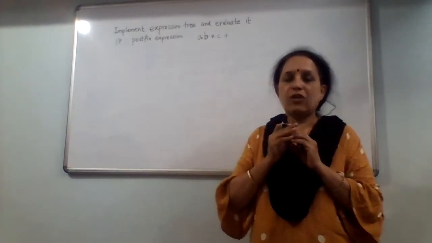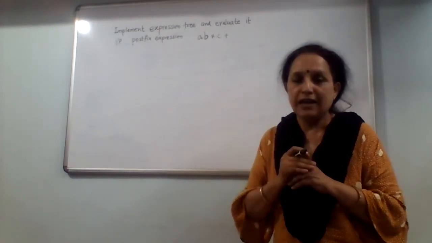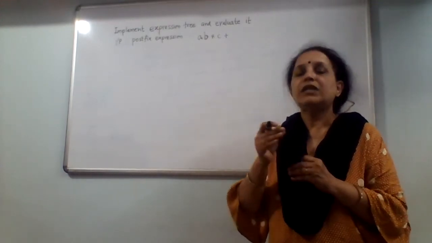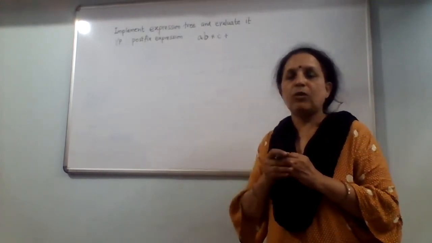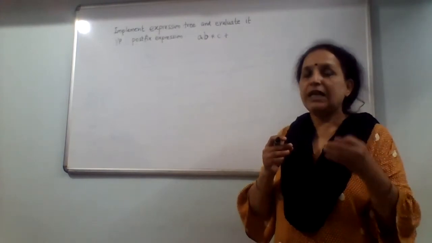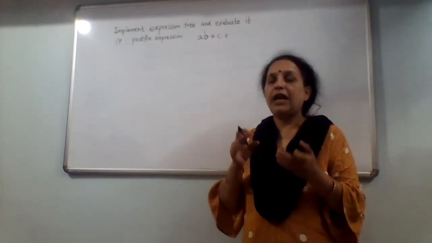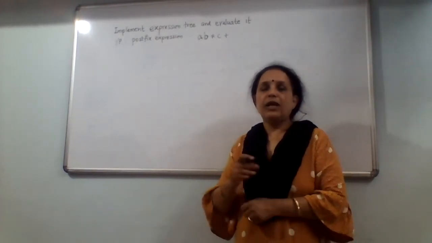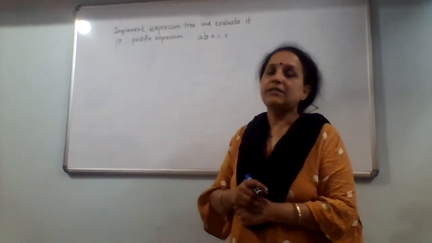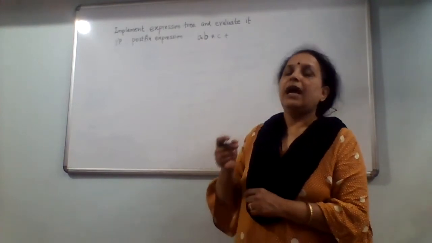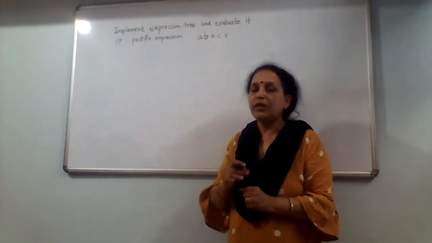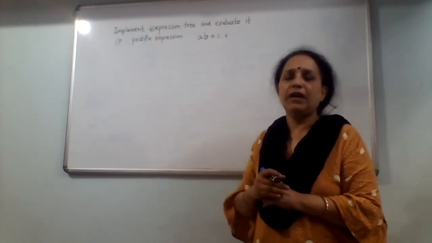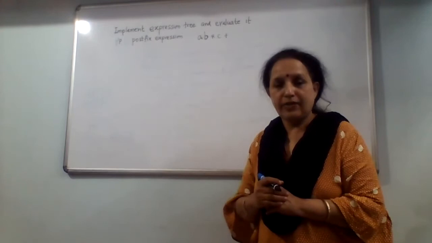If it is an operand, we are pushing it inside the stack, and if it is an operator, we are popping two values from the stack. The one at the top we are attaching to the right, the next one we are attaching to the left, and we are pushing that operator again inside the stack. We repeat this till the end of the string, and at the end, whatever is at the stack top is our root. Then we are evaluating using that tree itself.